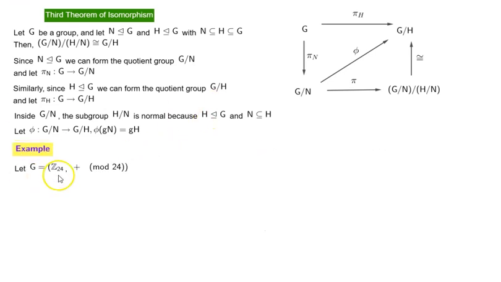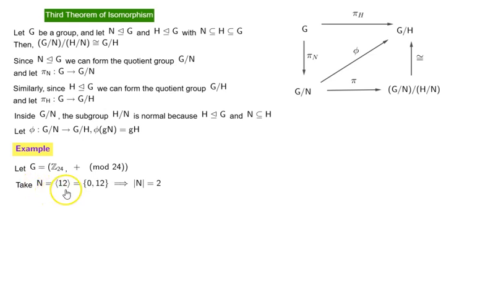Okay, so let's take G equal to Z sub 24 under addition modulo 24. Let's take a normal subgroup of G. Remember, Z sub 24 is a cyclic group, which means you can choose any generator. All of them will generate a normal subgroup. So here we are taking 12 as the generator.